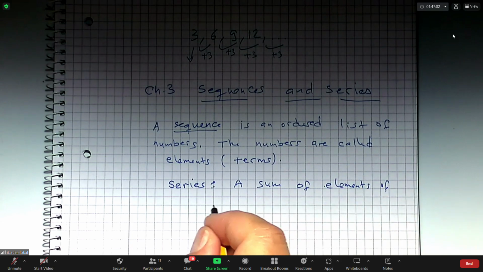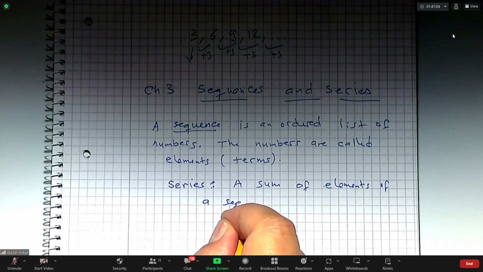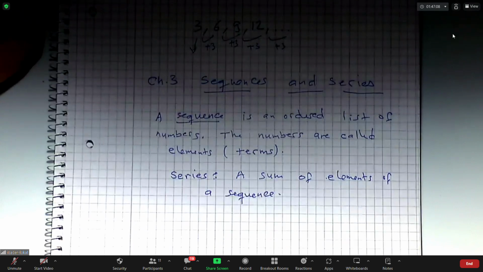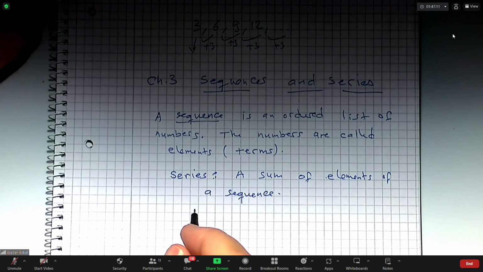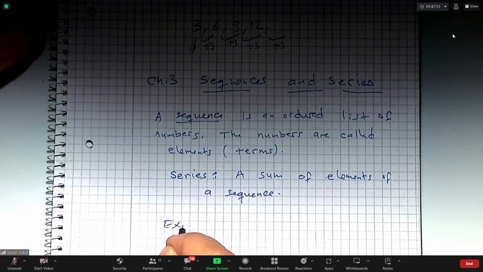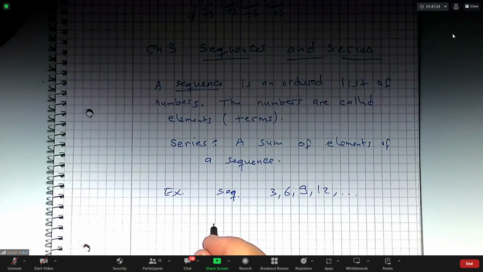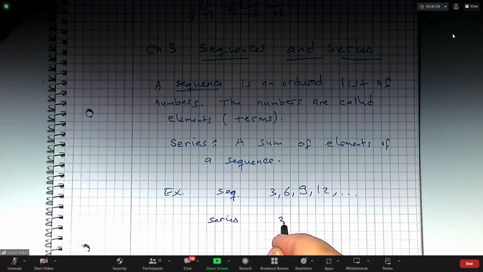For instance, we can say this is a sequence, the one we started with: 3, 6, 9, 12, and so on. And a corresponding series will be, for instance, 3 plus 6 plus 9 plus 12 plus 15.